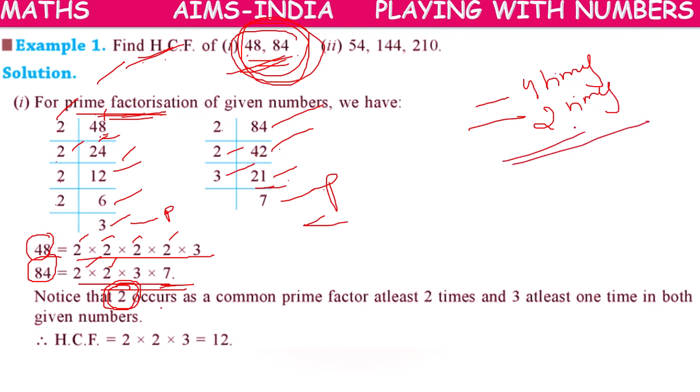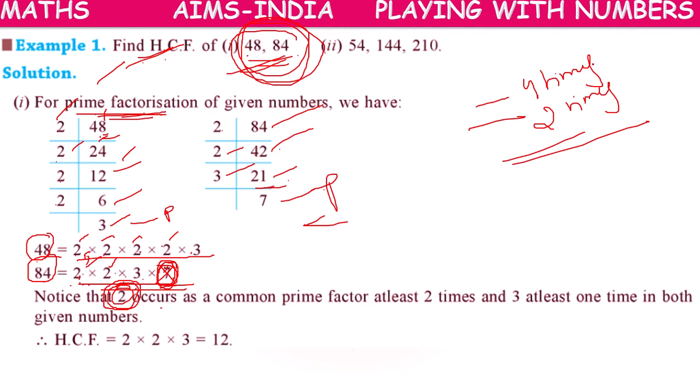What do we have to take for finding HCF? Each prime number that is a common factor, because 2 is a common factor, 3 is a common factor, 7 is not a common factor. No need to consider that. Only common factors we have to consider. 2 and 3 are common factors.